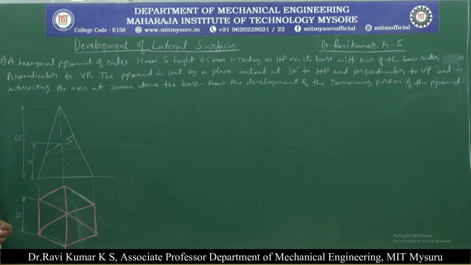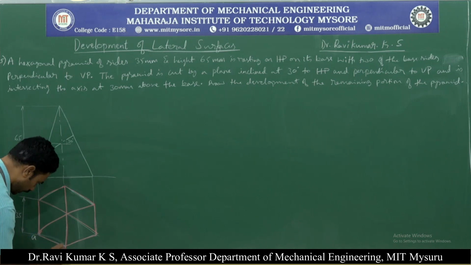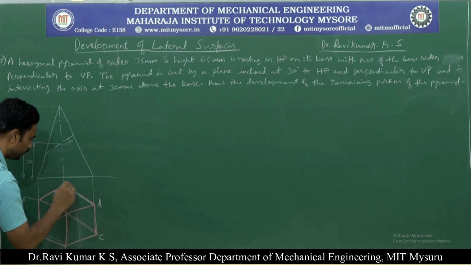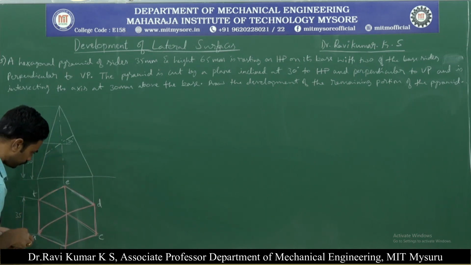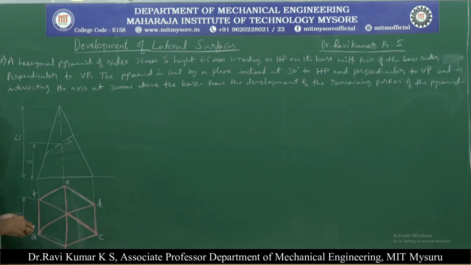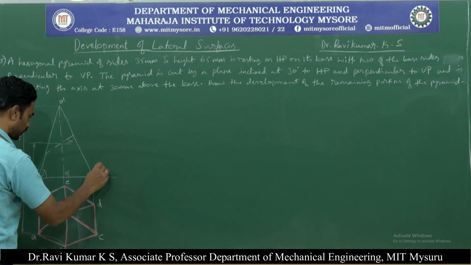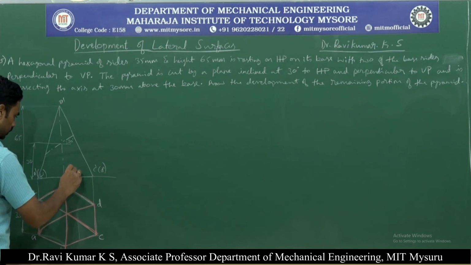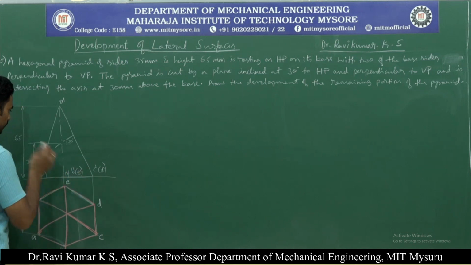Okay, so I need to name the edges. I am going to take this as A, B, C, D, E and F. So here this is O dash, this is O1 dash, this is A dash in bracket F dash, this is C dash in bracket D dash, and this is B dash in bracket E dash.